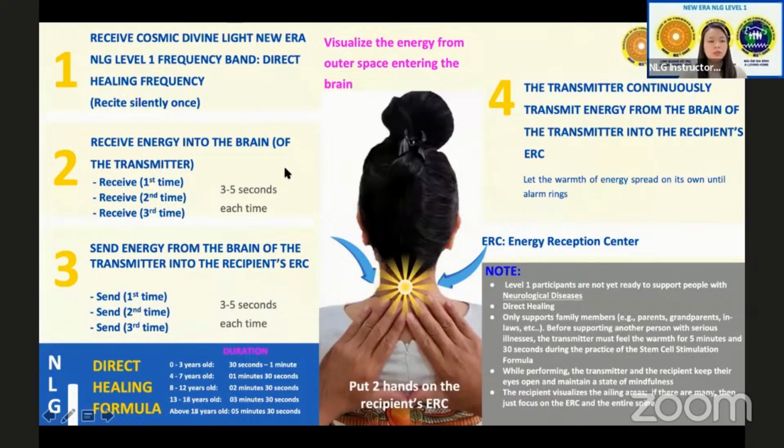Now this is the direct healing frequency. Okay, so let's go through the notes first. This is a formula that you can use on other people, to give them healing support.